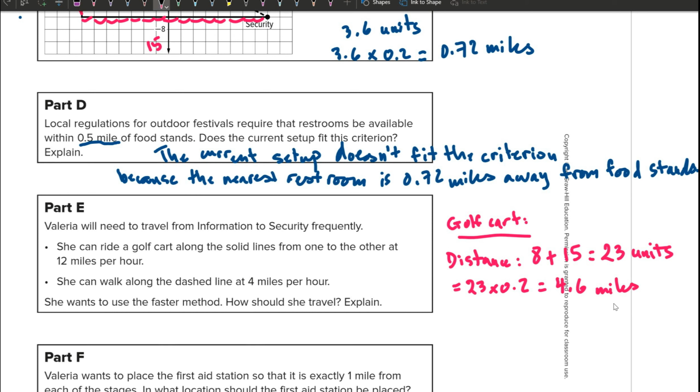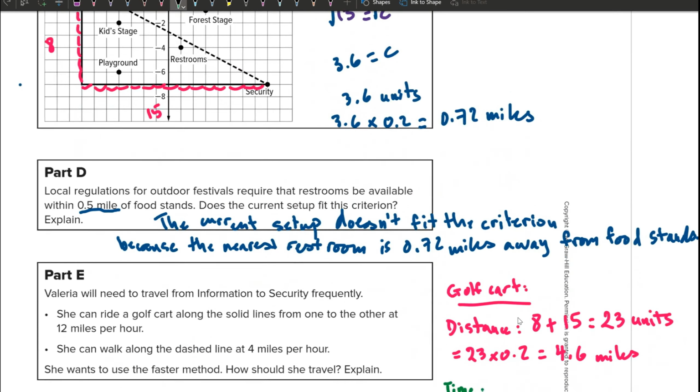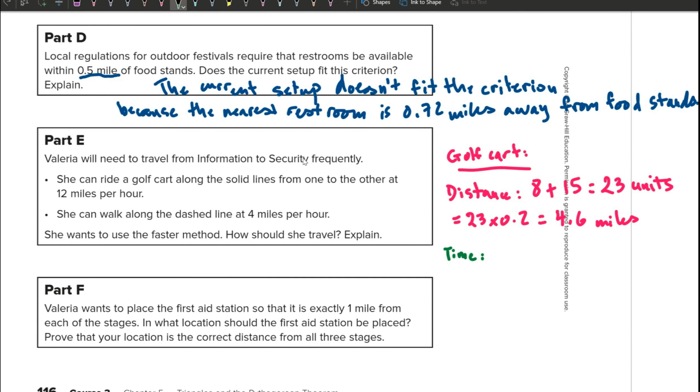Okay. With the golf cart, she can drive 12 miles per hour. So you're going to find the time that she needs to drive from the information to security station. That will be 4.6 out of 12 miles per hour. 4.6 divided by 12 is about 0.38 hours. Okay, so it's less than half an hour.